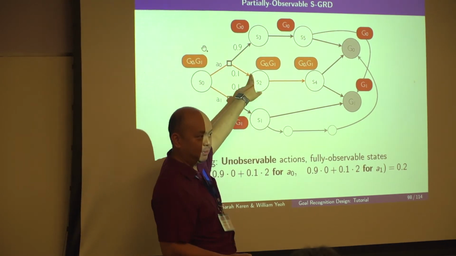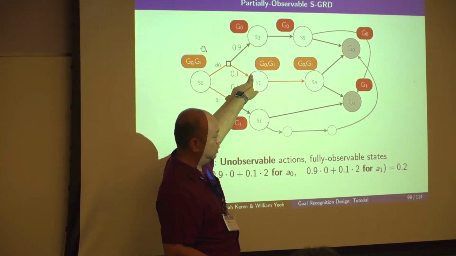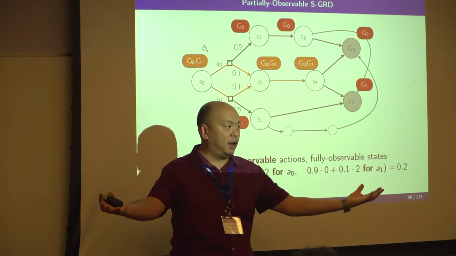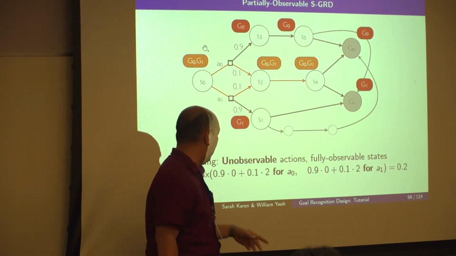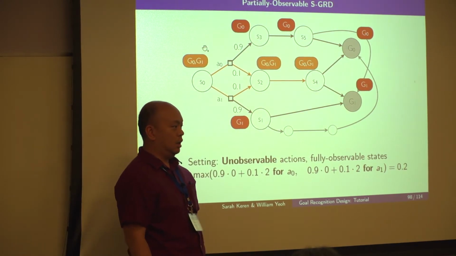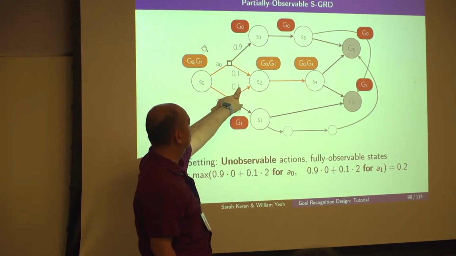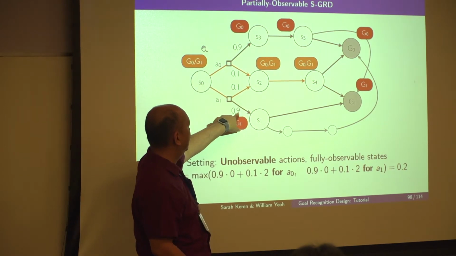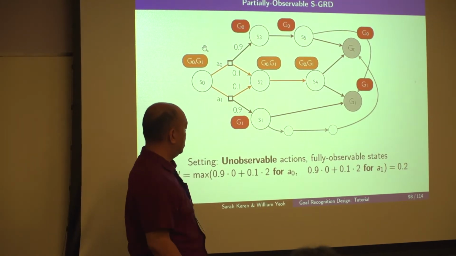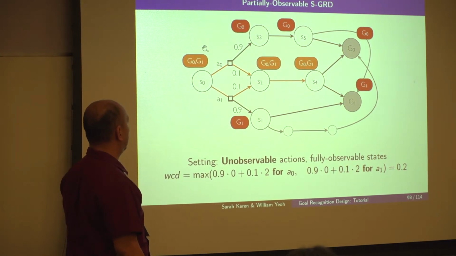Two actions and 10% chance, 0.1 times 2. And then here is also 0.1 times 2. So between these two policies, both of them are 0.2. The maximum is 0.2, so the WCD is 0.2. And if, for example, this was changed to 0.5, then the WCD would be 0.5 times 2. Okay? So the WCD went up when the actions are not observable.